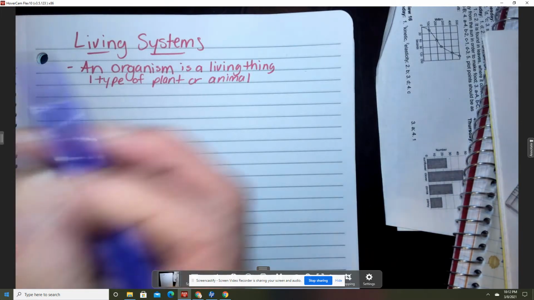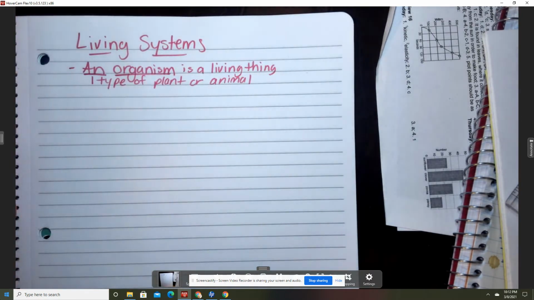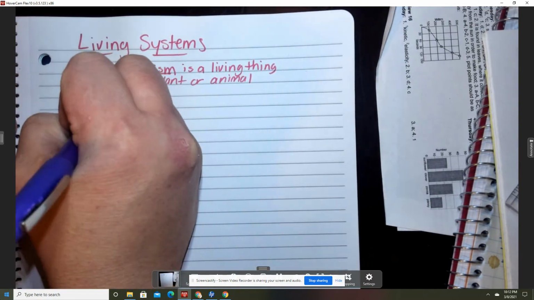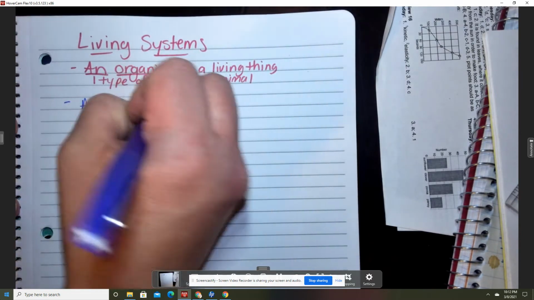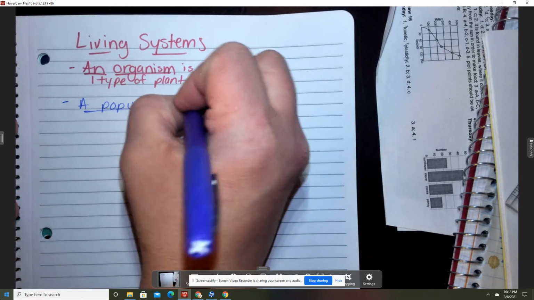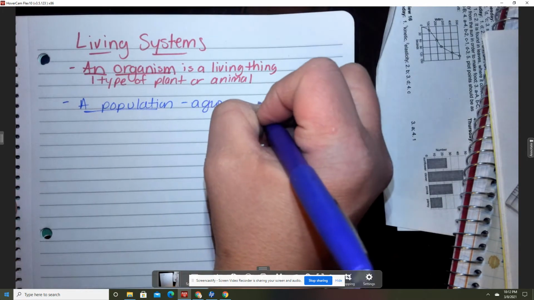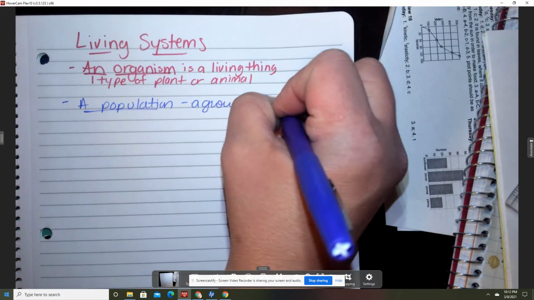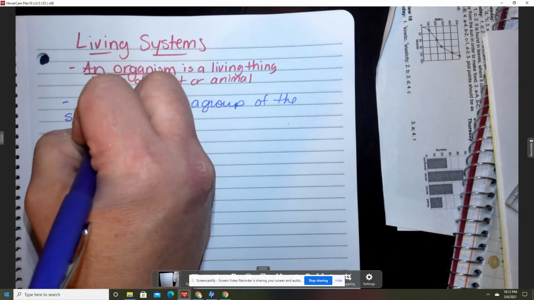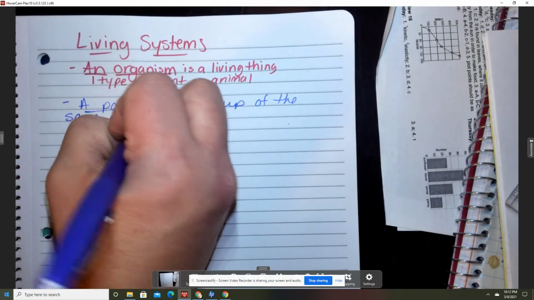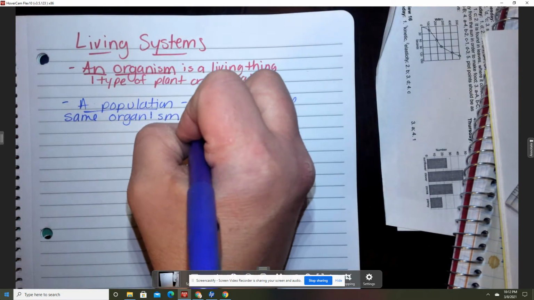All right. And then a population. Then we've got a population. It would be a group of the same organism living in the same place.